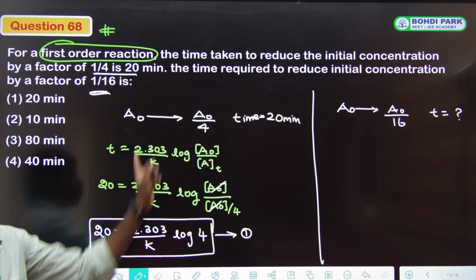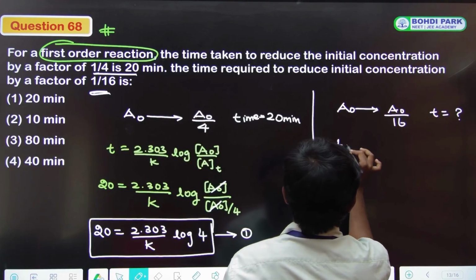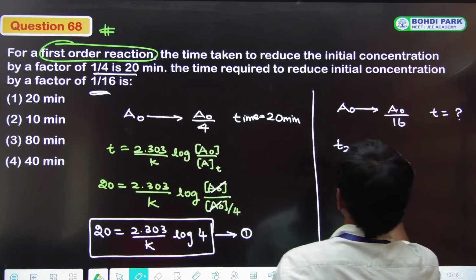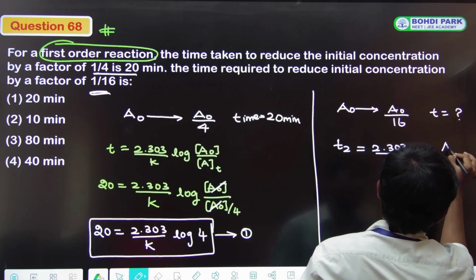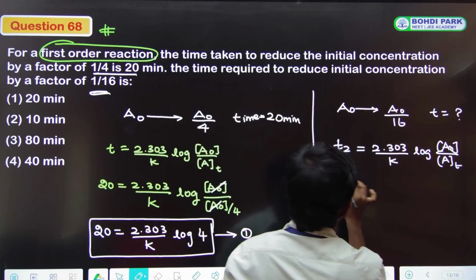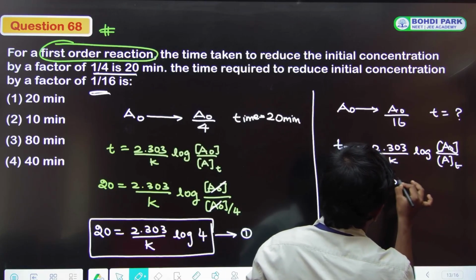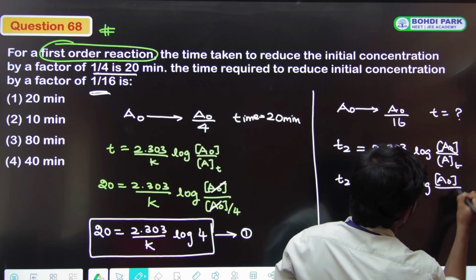Next, I will try the second one. So it is time t2. The formula is the same, 2.303 divided by K log of A naught divided by A at time t.